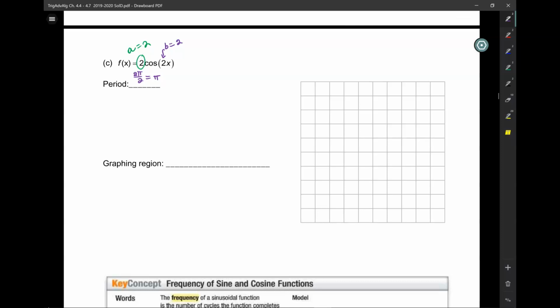For the graphing region, we go from 0 to 2 pi, and in the middle, I put 2x. So how do I get rid of that 2 in the middle? Divide by 2, or multiply by 1/2. So my graphing region is from 0 to pi.